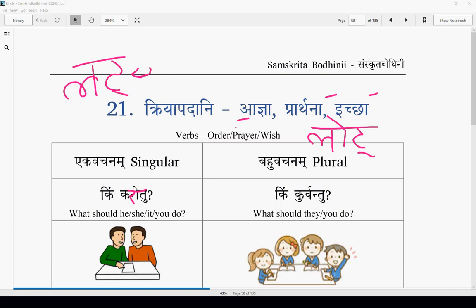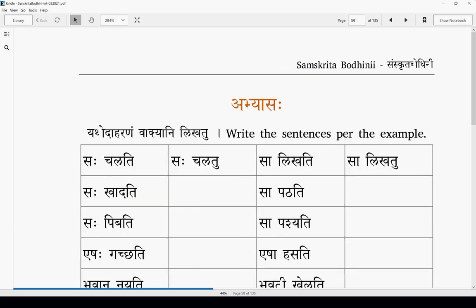Ichha means wish. We wish that the action is done by someone else, or maybe myself, maybe you, or maybe someone else. So in that sense, these Lot Lakara forms are used. So we'll start with some examples here.